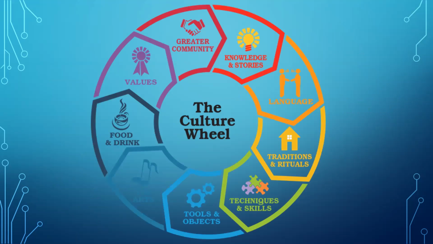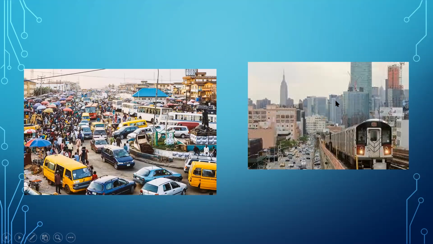So let's look at it a little bit more. If you can memorize this cultural wheel here, what exactly fits into this category of culture, you'll be able to understand this unit pretty well. One of the first things when looking at culture is transportation, understanding how people move across society. We might see in big cities technology is greater.